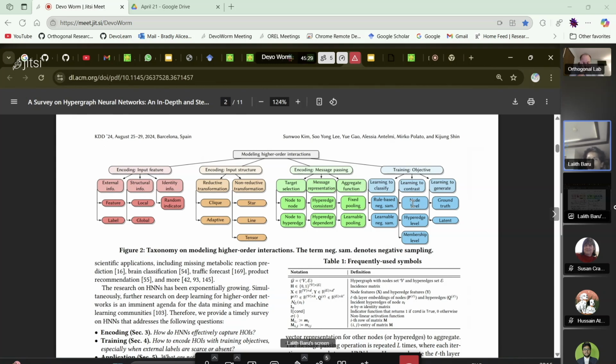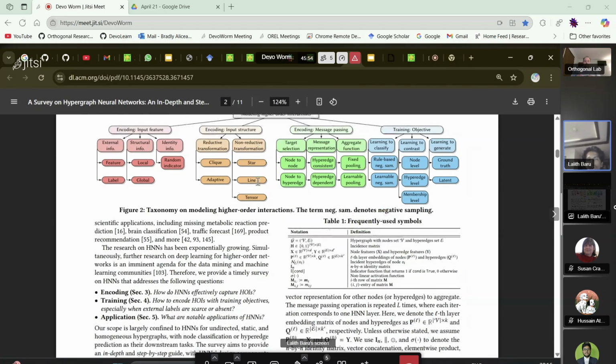So I believe that contrastive learning could also be useful. So in my thought, for the given data, I think non-reductive transformation is the right approach. Then we have to try out two or three different types of message passing mechanisms, and after this we can try out learning that in a supervised or an unsupervised fashion.